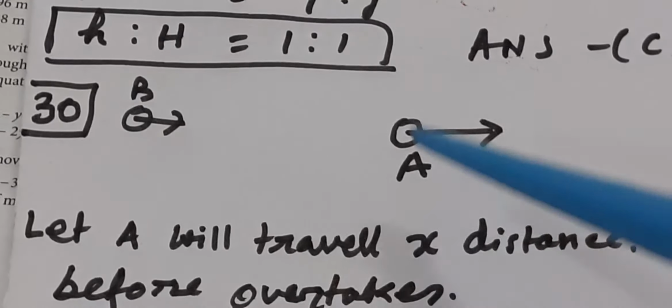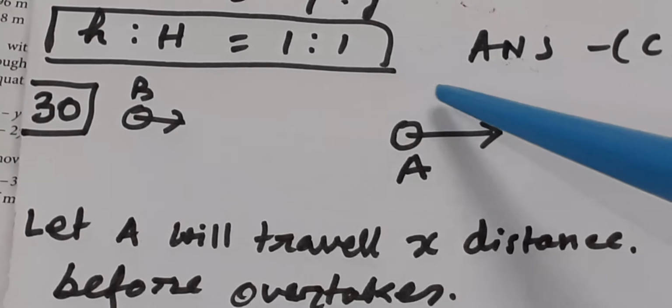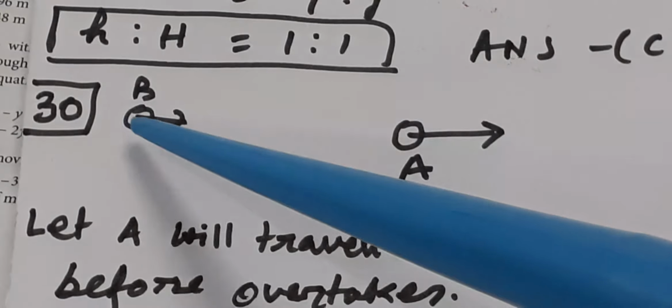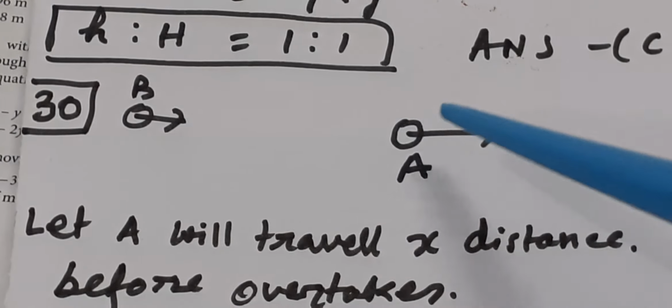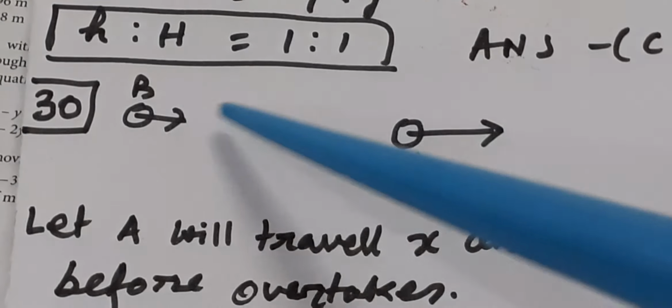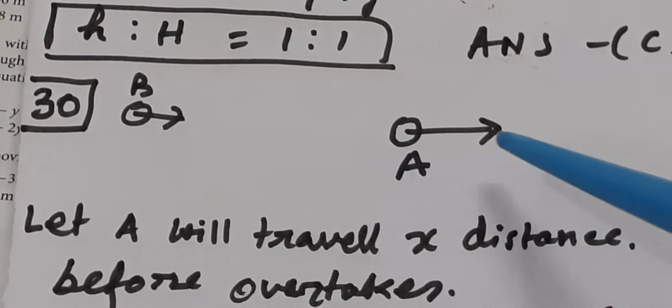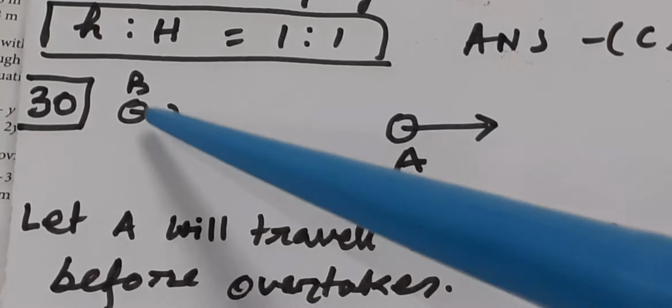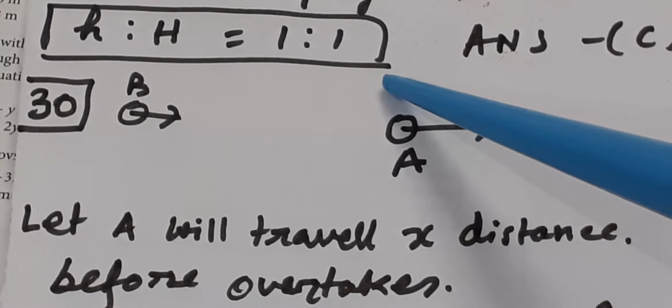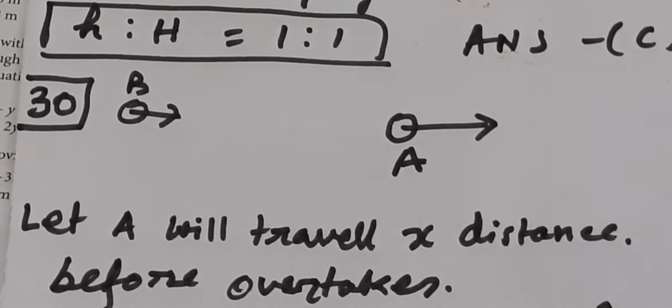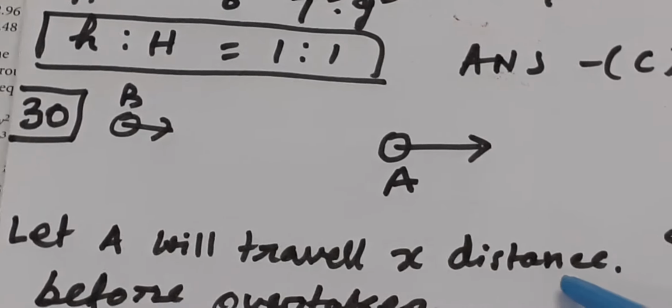So what to do? Say after time t, B can overtake A. A will travel x distance, and B has to travel 1000 meter plus x distance, and C has to travel only 1000 minus x distance.